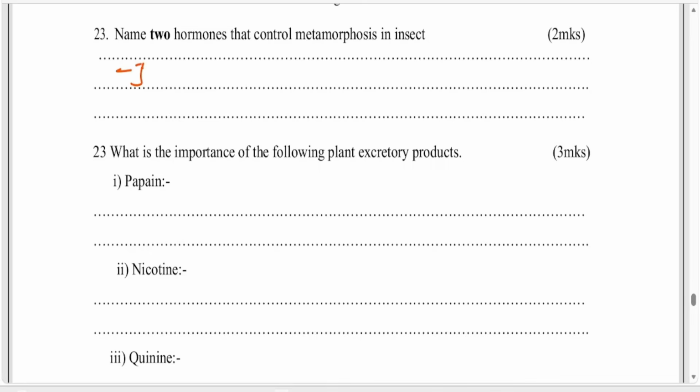One of them is juvenile hormone, which controls or brings about formation of the larval cuticle. We also have ecdysone, also known as molting hormone, which brings about molting out of the old cuticle or exoskeleton.